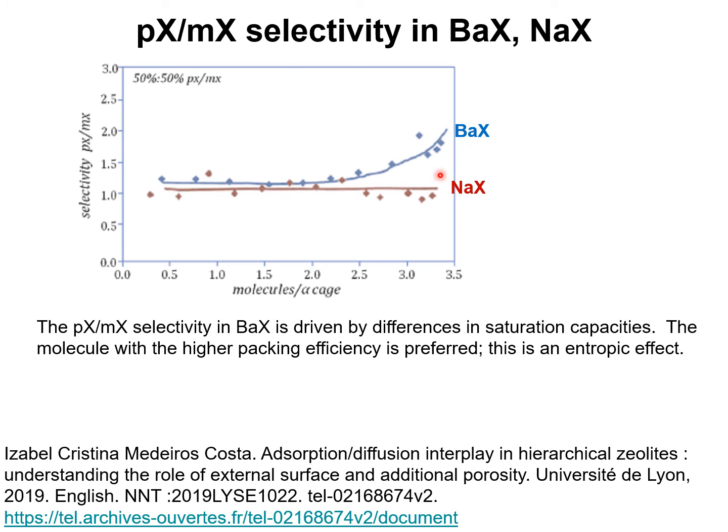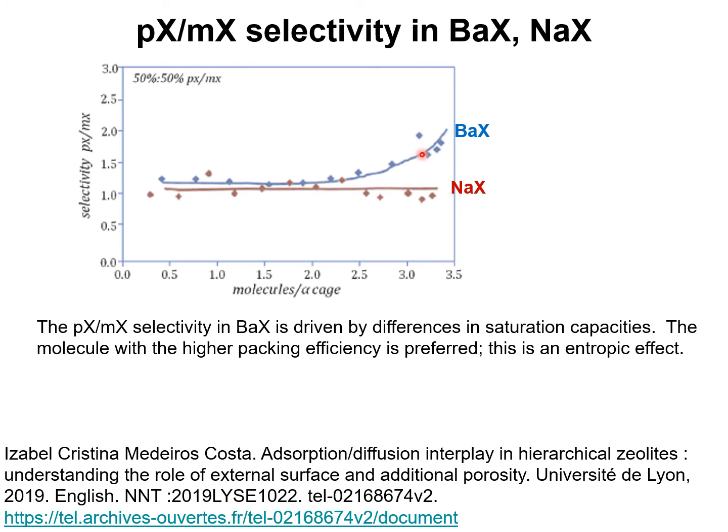For barium X zeolite, the selectivity increases in favor of the para-isomer as the loading is increased beyond 2.